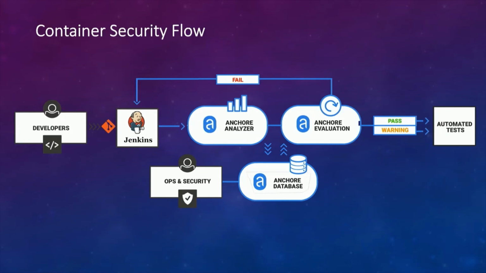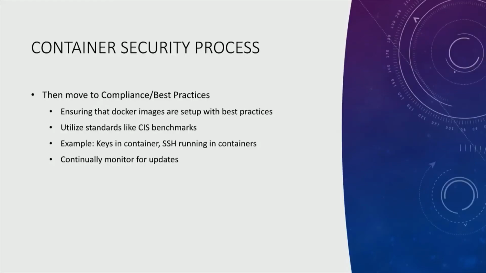Moving on to the next step, I mentioned that we're going to look at the best practices. So this comprises several things here. We're going to ensure that the images are set up with the best practices. Like everything, there's configuration benchmarks for them. Some examples here that I mentioned are making sure that there are no keys in your container, right?